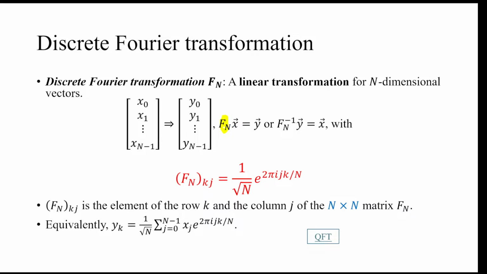This thing is a bit of a mouthful, but e to the 2 pi i over n is the nth root of 1 in the complex plane, raised to the jkth power. So you can read this part as this thing. The first thing to think about is e to the 2 pi i divided by n.